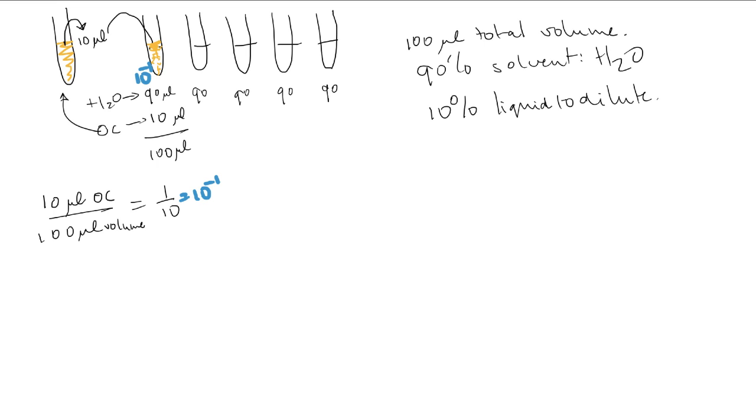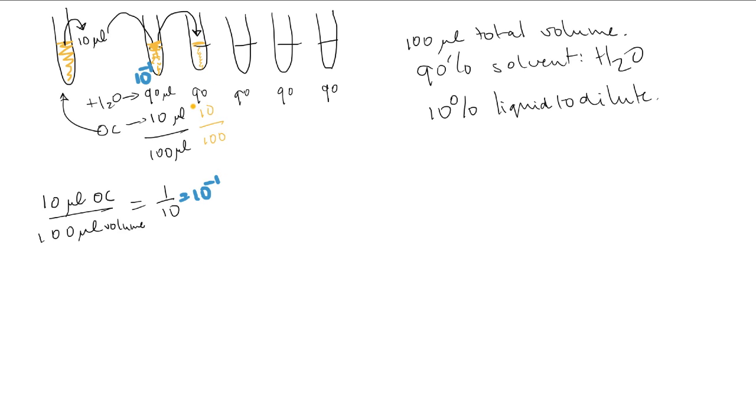Then in the second step, I had added 90 microliters of water to each of these. I'm going to take 10 microliters from here and move it to the second tube, like that, and then I'm going to mix it in. Now I have 90 microliters of water in this tube, plus 10 microliters of the 10 to the negative 1 dilution, for a total volume of 100.